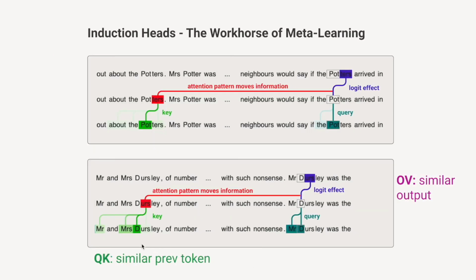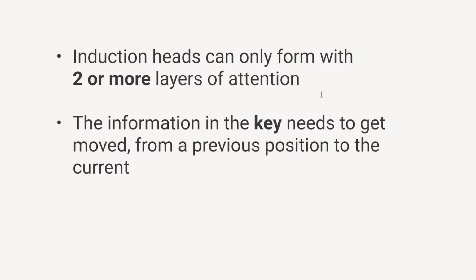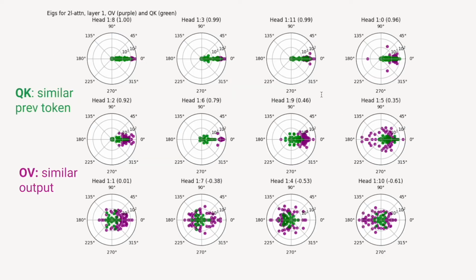So jumping back for a sec, the key from this ters token needs to have all of this information moved into it by previous attention heads in an earlier layer. This can't be done with just one layer. So this made it very plausible to us that the reason that the 2-layer, 3-layer, 4-layer, and higher were showing the bump and the 1-layer wasn't is that induction heads are something that the 1-layer just can't do.